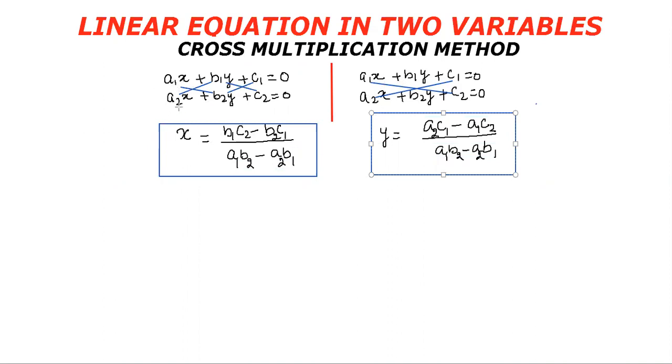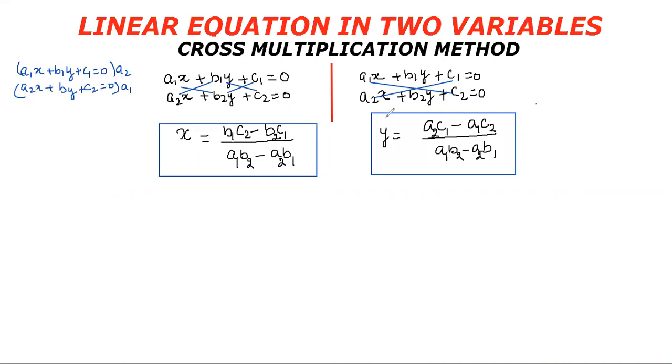We are getting these formulas only by eliminating the two given equations. So you will try at home: eliminate a1x plus b1y plus c1 equal to 0 and a2x plus b2y plus c2 equal to 0 by multiplying the first equation by a2 and the second equation by a1, and cancelling x by the elimination method.